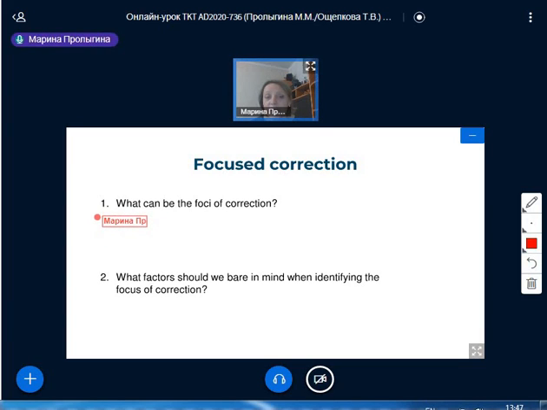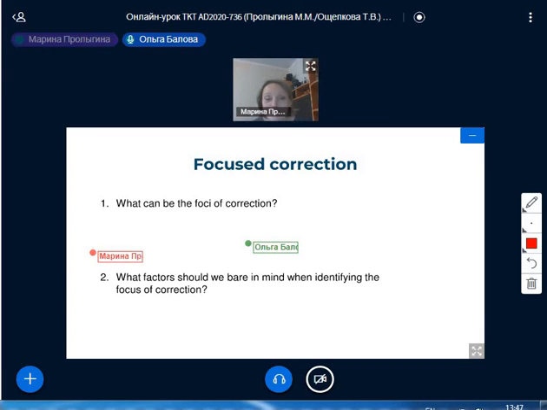So, for example, if we're learning some grammar at the moment, we can focus on correcting only the mistakes in the grammar under study, right? If we are writing, for example, an essay with our students, Olga Leonidovna, what are your ideas about what we can focus on?